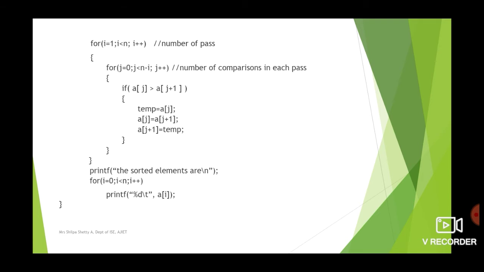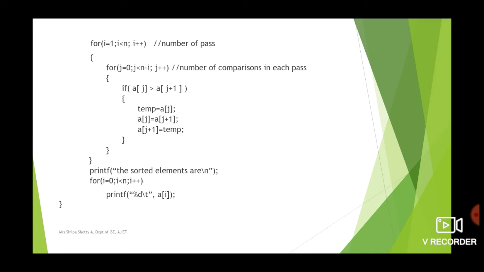So this for loop will go from j is equal to 0, j less than n minus i. So what we have understood from the previous explanation is that as the passes increase, the number of comparisons decrease.